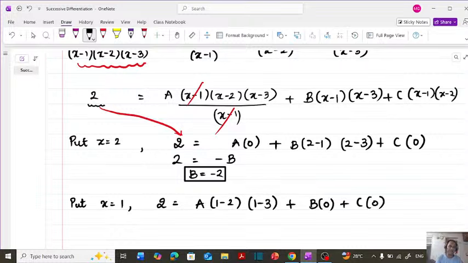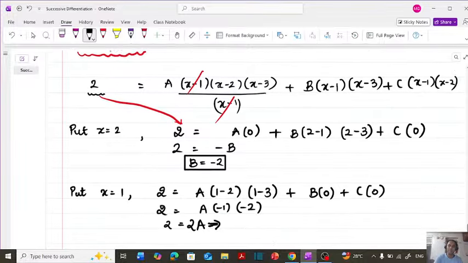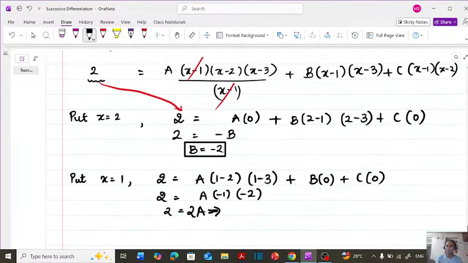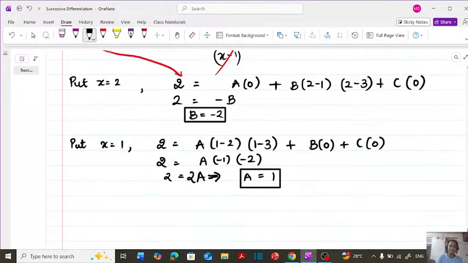Here you get a into minus 1 times minus 2, so 2 equals 2a, which implies a equal to 1.